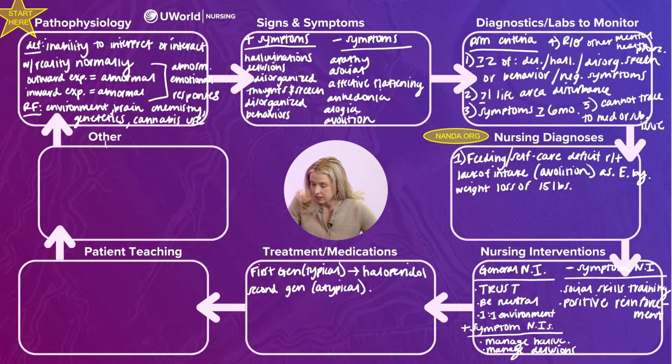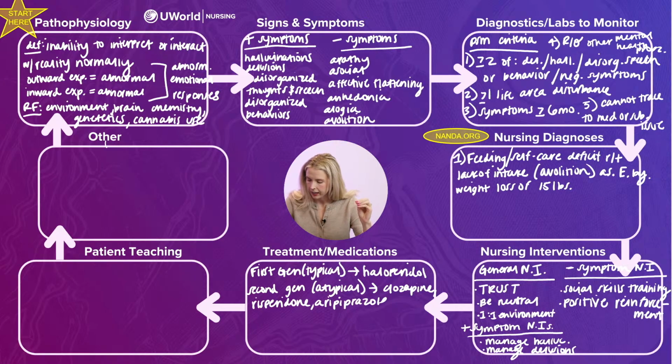Common examples of these will be, I think clozapine is one of the most well-known ones. We also have our risperidone. We have, and I always mess this up, aripiprazole. And olanzapine is a common one as well.